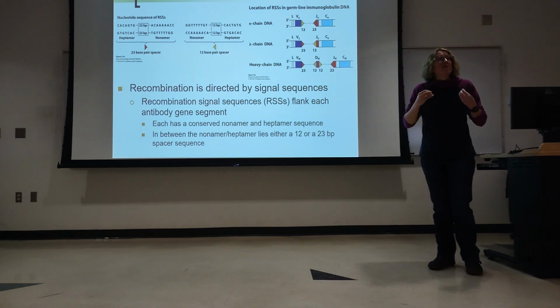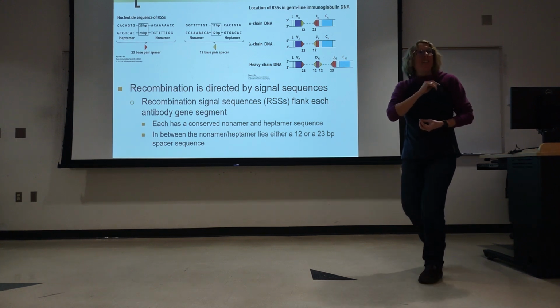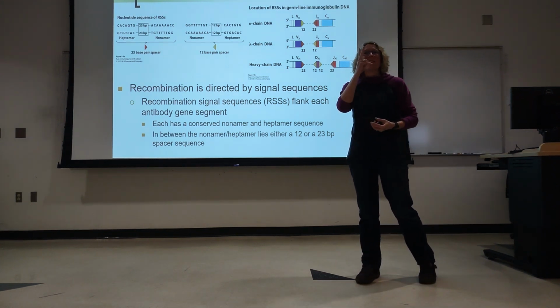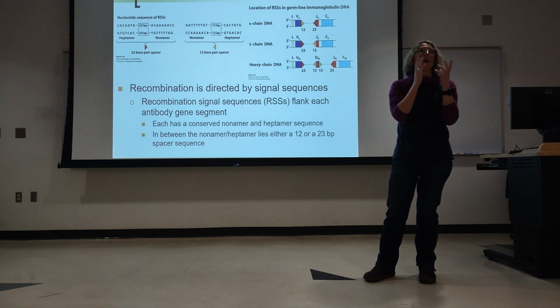There are special signal sequences that precede and are at the ending of the coding information that tell RAG1 and 2 where is a viable place to cut two pieces of information and to clip them back together. There has to be a way for the cell to know where to cut and paste.